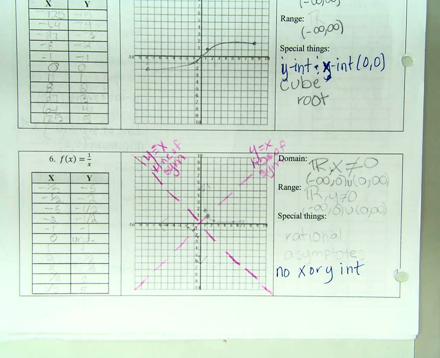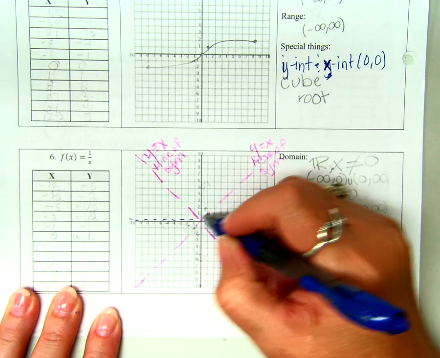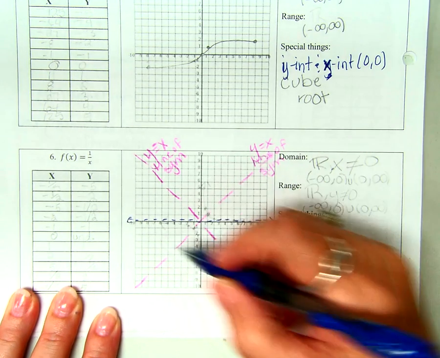Is there only one? There's two? Okay. So one is here. I'm trying to draw on the axis, but if I draw exactly on the axis, you can't see it.